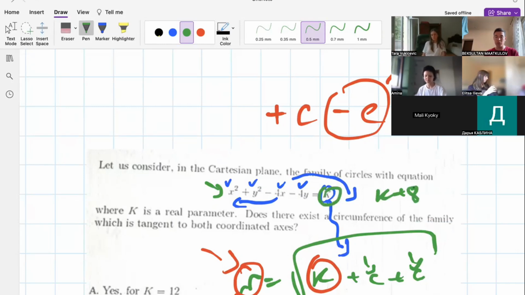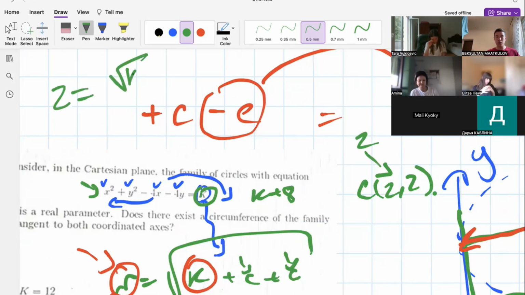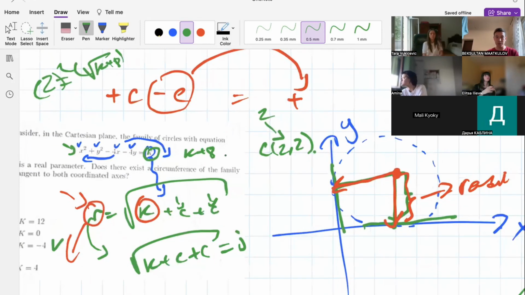And then you can easily find that your center will be (2, 2). Since your center is (2, 2), it's easy to find that the radius should be 2 in order to be tangent to x and to y. And then you solve it. 2 is equal to the square root of k plus 8, you square both sides, and you find your k. And this is actually not that long.